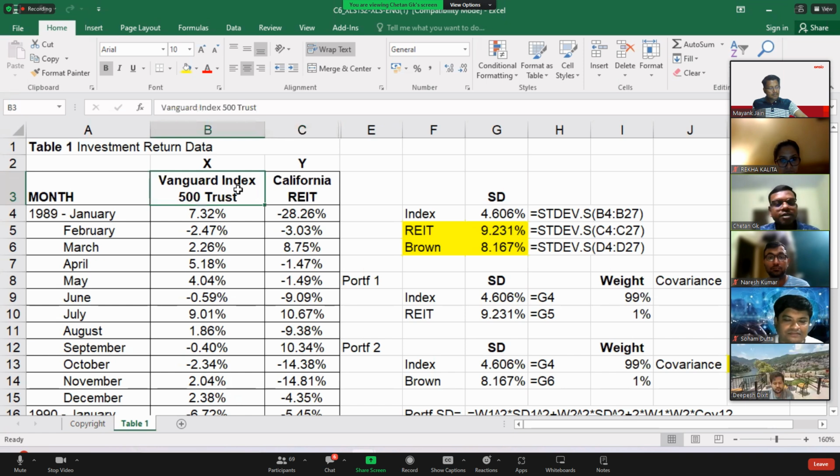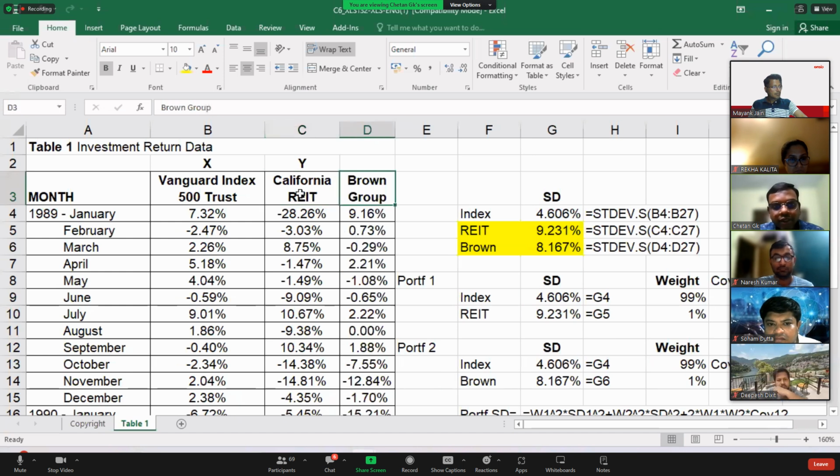See, in the case of REIT, it is not part of the index at all, because it is a real estate investment trust. In the case of Brown, maybe you can say it may be part of the index, or it may not be, since it's a very small company and may not be part of the Vanguard 500 index as well.